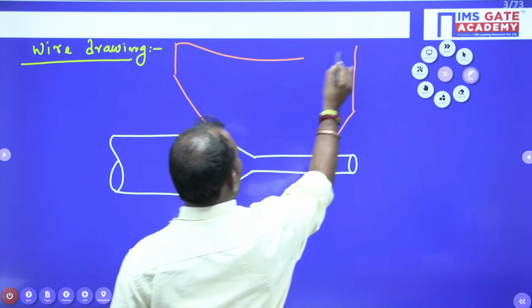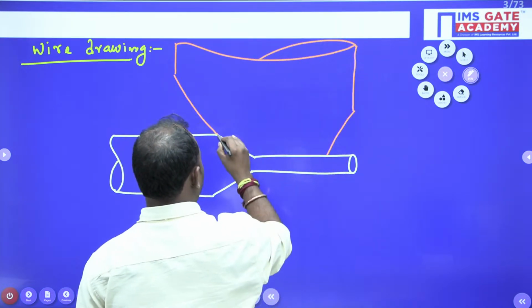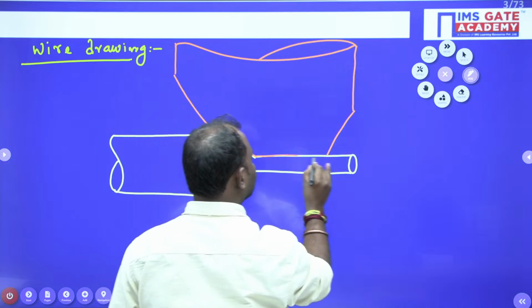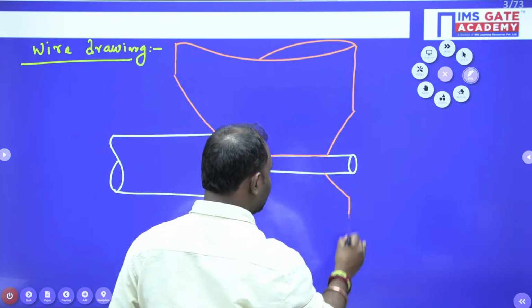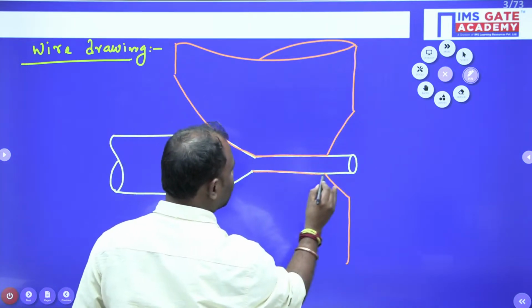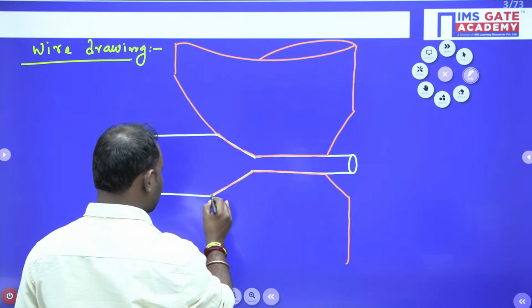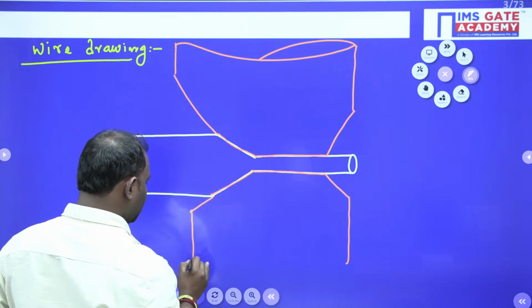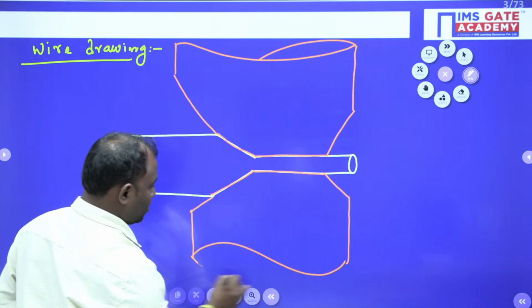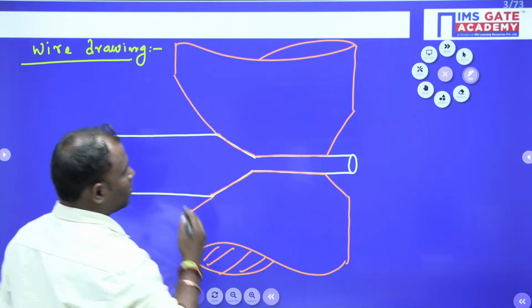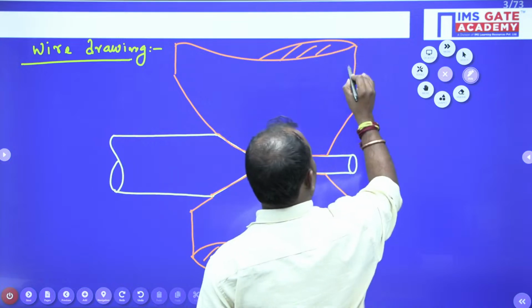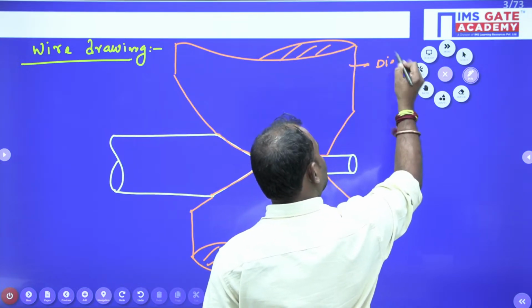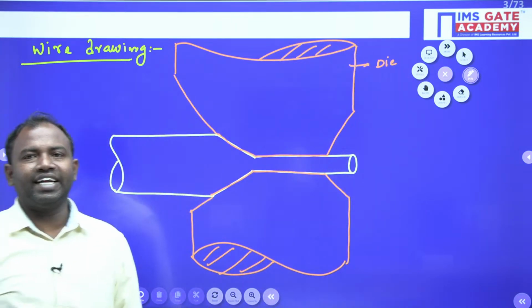Now this is one stationary die, as we have discussed already. From here also it is a stationary die. So two stationary dies are there.